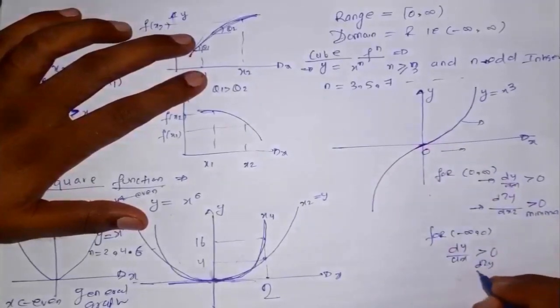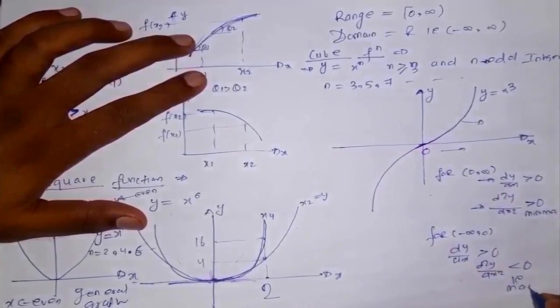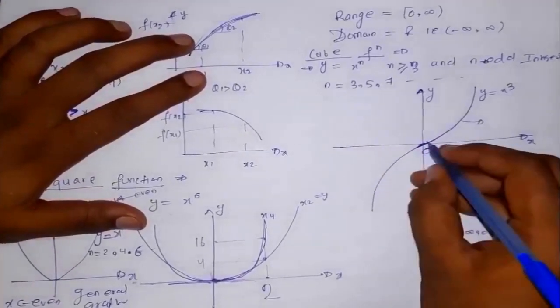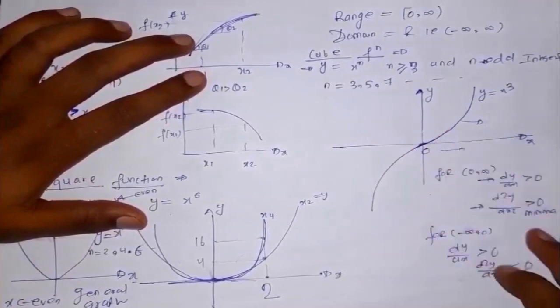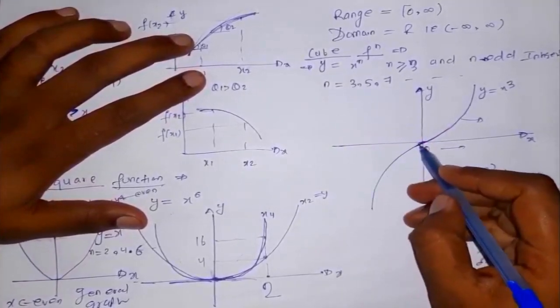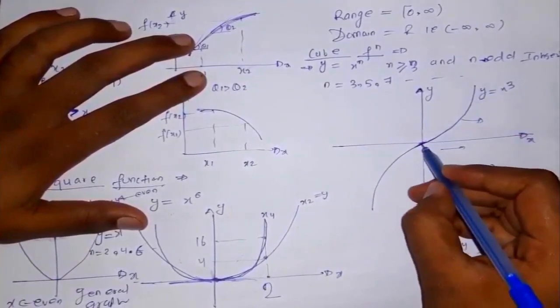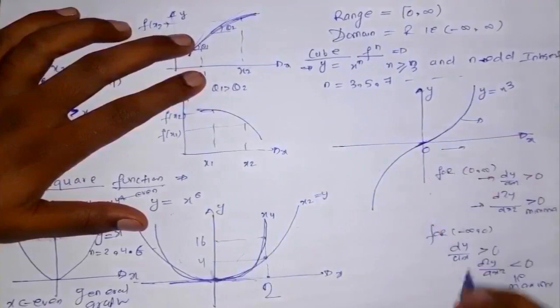So d2y by dx square will be negative. That is maximum. Actually we will not get any maxima or minima in this curve, because 0 is the point of inflection.